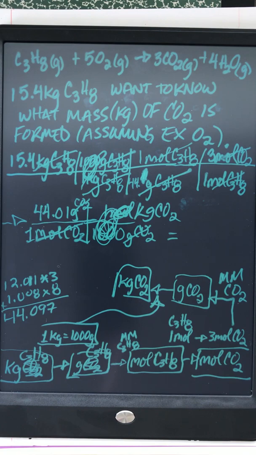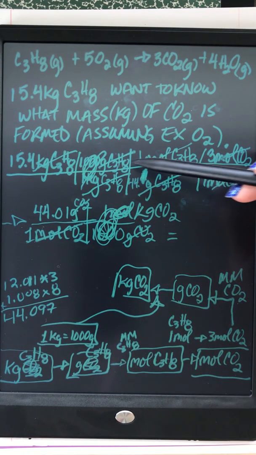I think I did my math wrong. What'd you get? 46,200. Why did you scribble out the 1 kilogram over the 1,000 grams of CO2, the very last one?